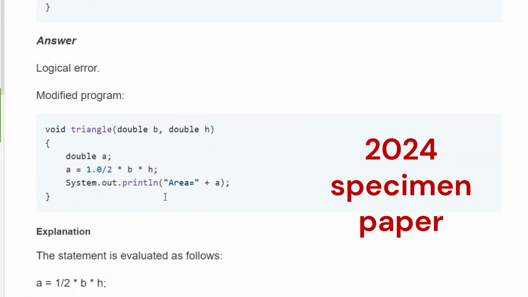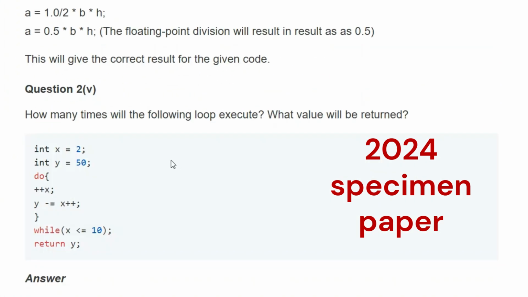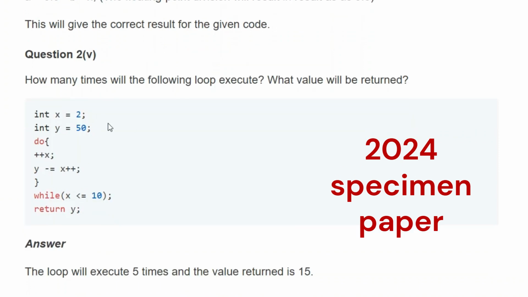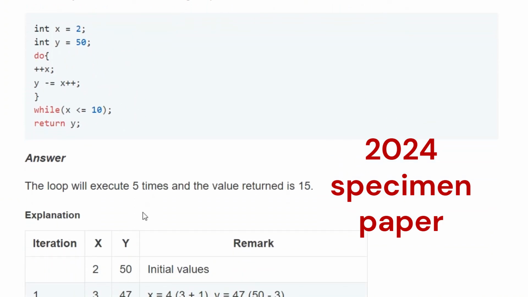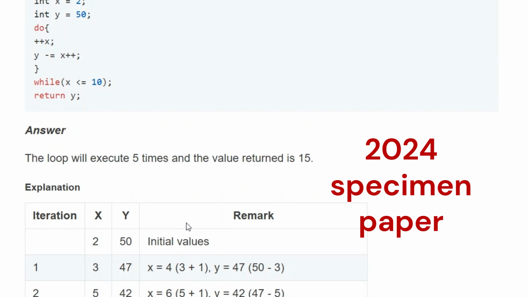How many times will the following loop execute? This is int x equal to 2, int y equal to 50 given. Here, the initial value of x is 2, the initial value of y is 50. Now, in the first iteration, the value of x is 3.